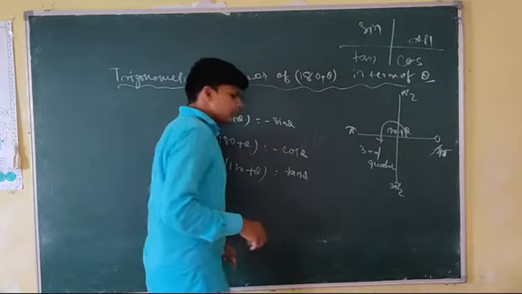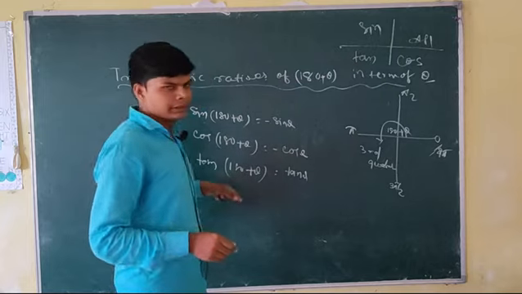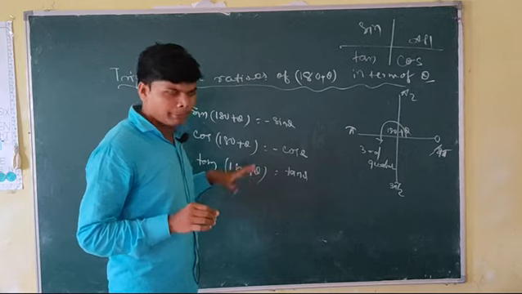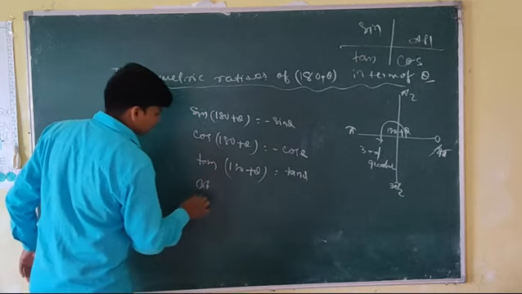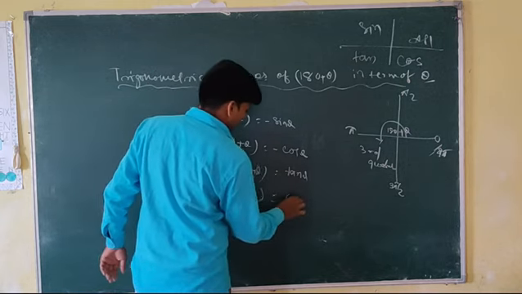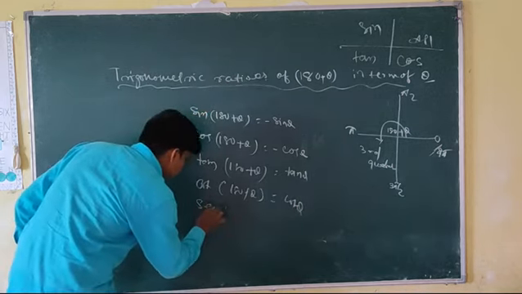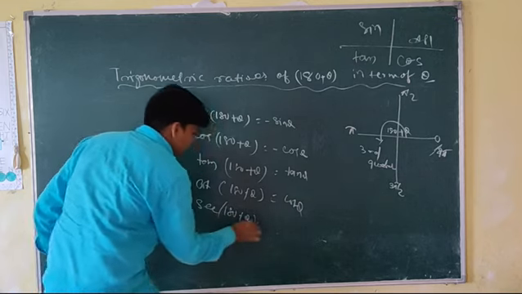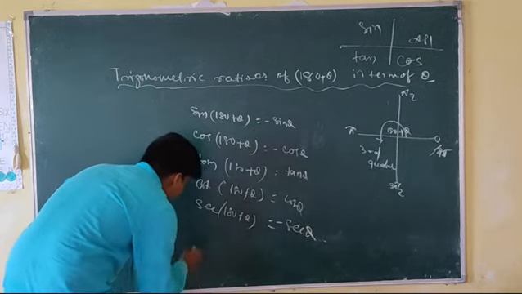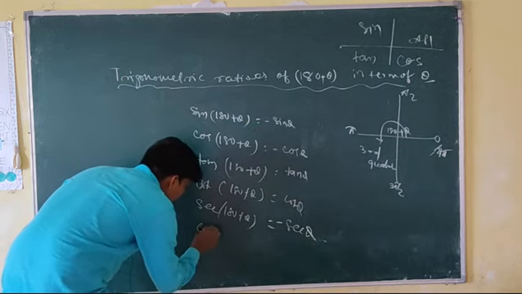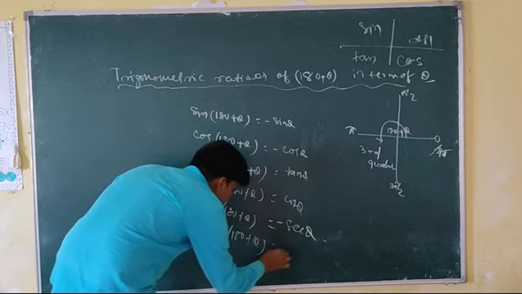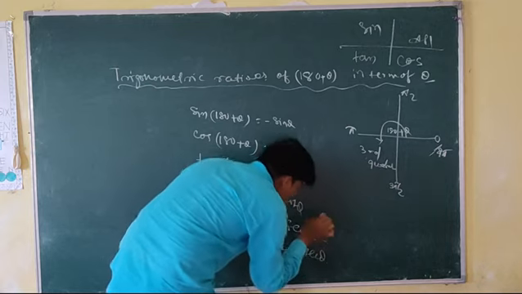That's why we will do some problems on these questions. Okay, now we just need to memorize these formulas. Okay, cot of 180 plus theta equals cot theta, sec of 180 plus theta equals minus sec theta, and cosec of 180 plus theta equals minus cosec theta.